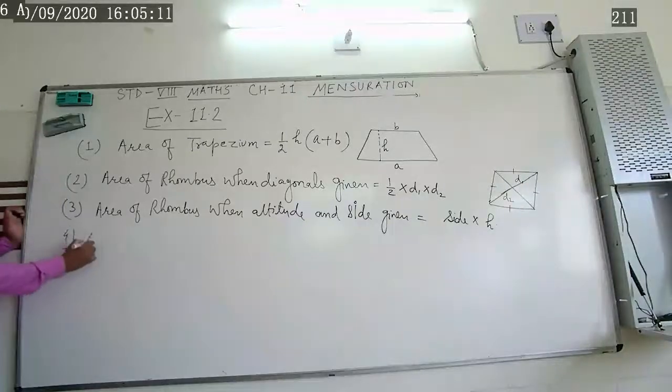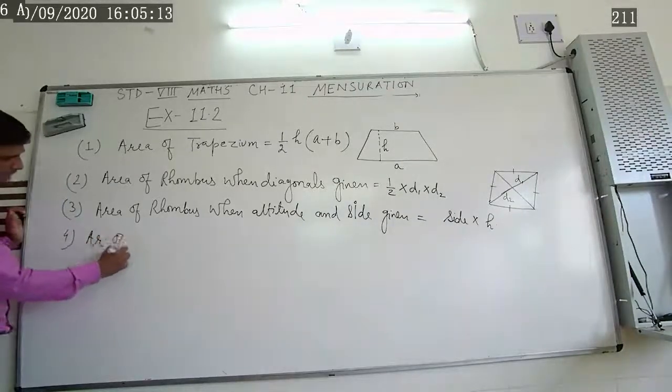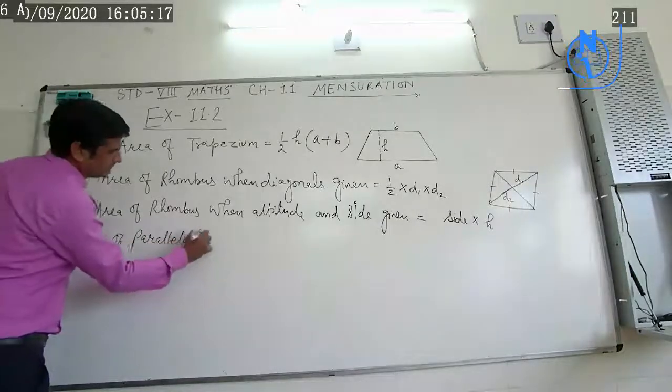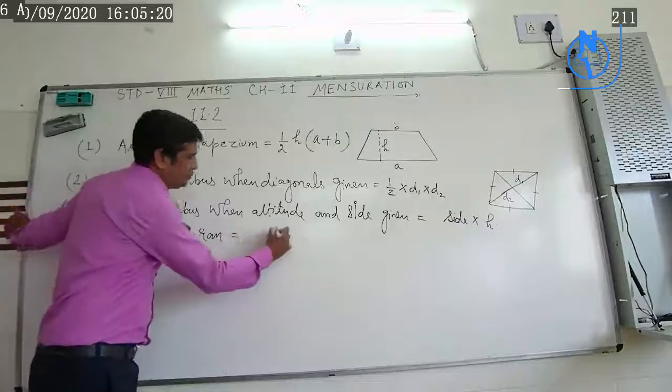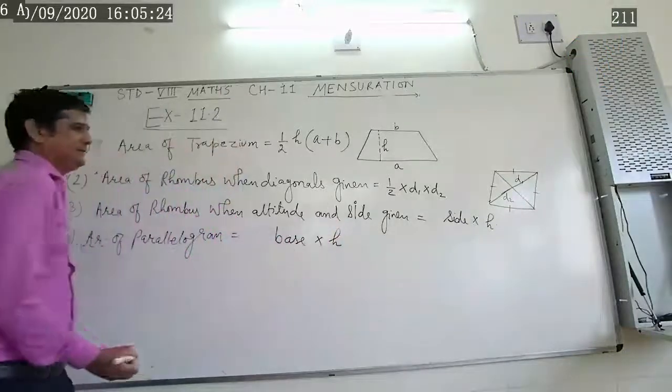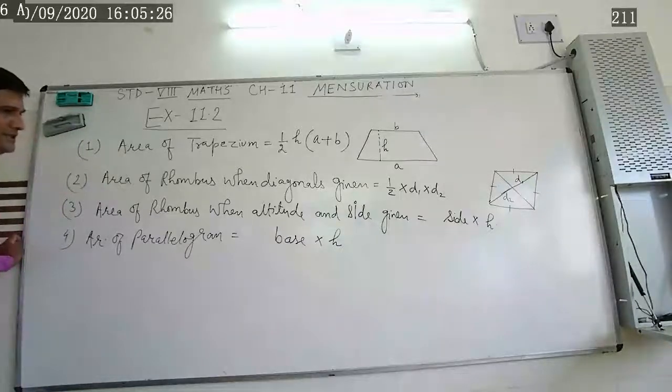Fourth one, area of parallelogram is equal to base into height. Area of the parallelogram is equal to base into height.